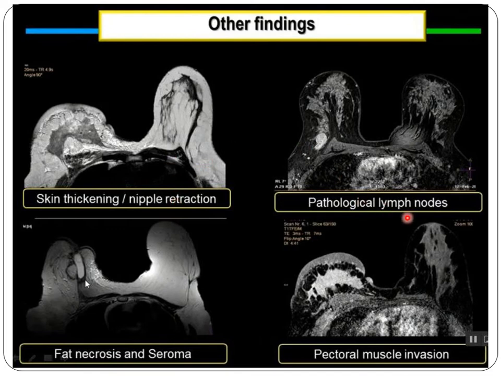There's a pathological lymph node here. And here is a post-operative seroma with fat necrosis. And there's also a nipple retraction.